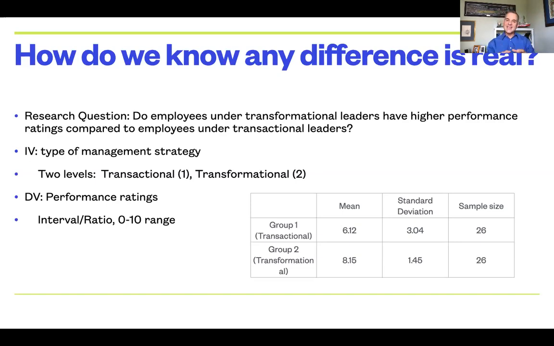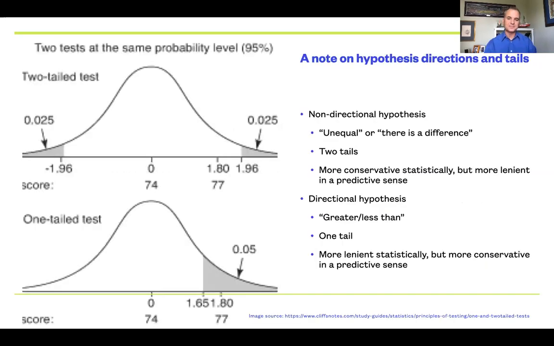Now, having said that, in a theory sense, the answer is a little bit different in a statistical sense. If we look at the chart on the left here, what I have is two z distributions, two normal distributions. And what we see here is that at the 0.05 level of significance, it actually takes a more extreme test statistic to achieve statistical significance with a two-tailed test.